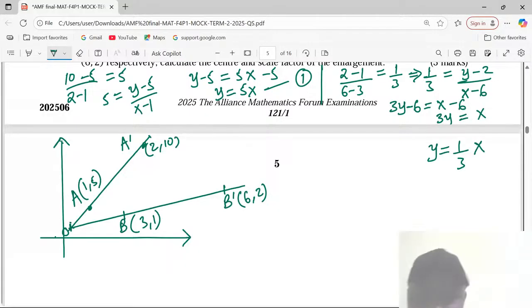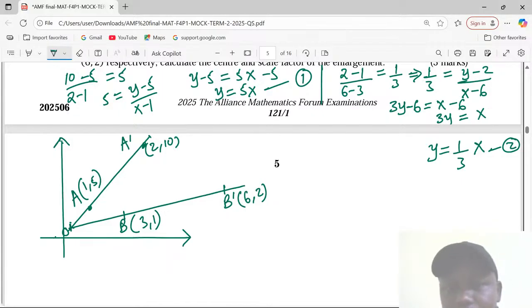If y equals a third x, now we can solve the two equations to get their point of intersection. This is equation 2.